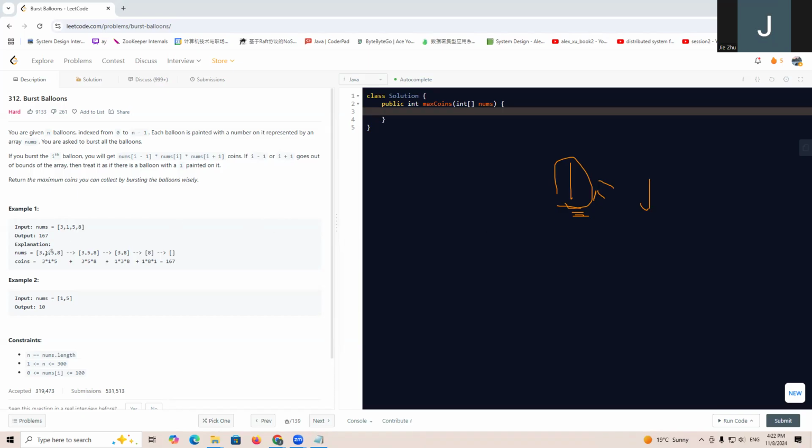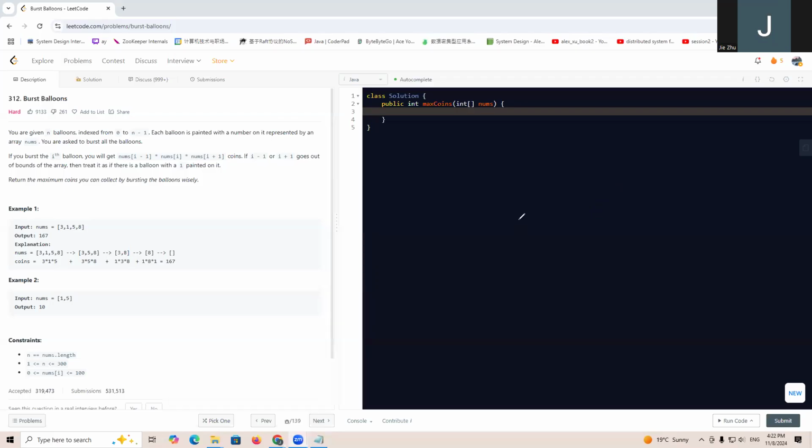For example, you see this one, we choose 1 as the smallest, but the second time we are not choosing 3, we're choosing 5, right? So we should think greedy is maybe not a good way to do this. So we're thinking about whether we can do some kind of dynamic programming.